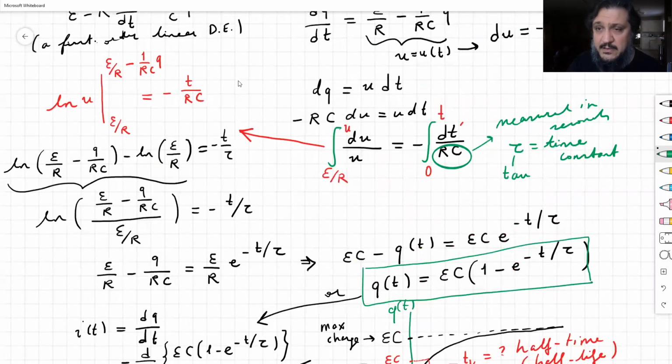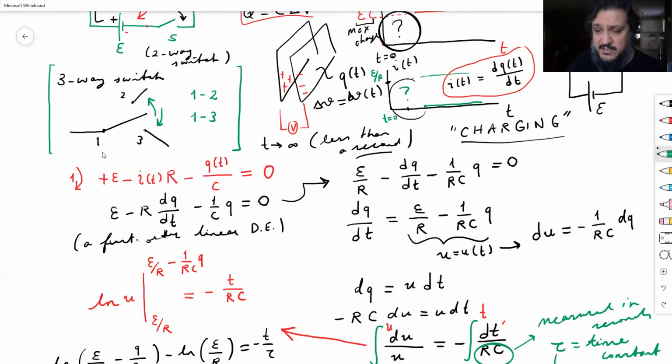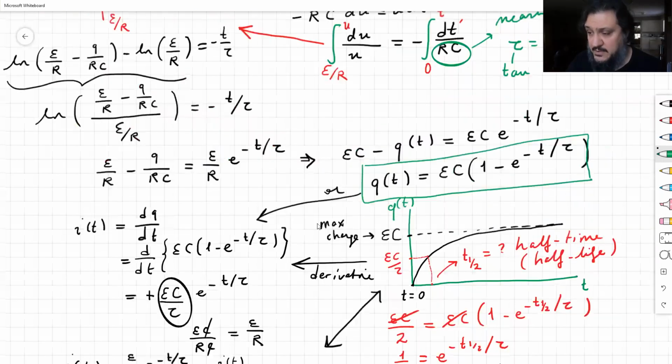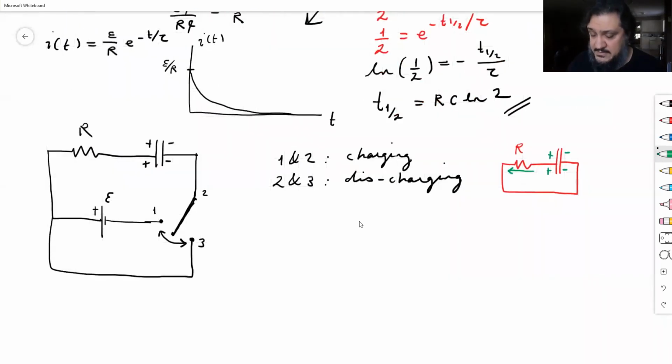The one that we started with. Remember this equation here? Start with this, copy it, only get rid of the EMF. We're getting rid of the battery all of a sudden. So we had minus E minus I R minus Q over C equals 0.